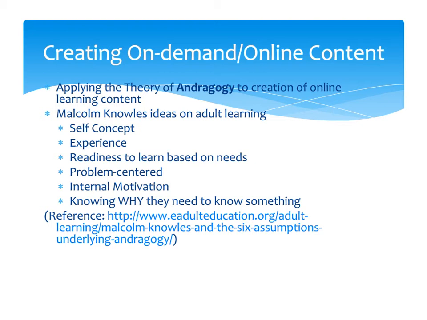They want to become a head chef. They want to open their own restaurant or open their own catering business. Learning is also for adults often problem-centered. Again, another example here would be, I want to become a pastry chef. However, I don't know the foundation of pastry making. I need to solve that problem, and learning at the Culinary Institute can do that.